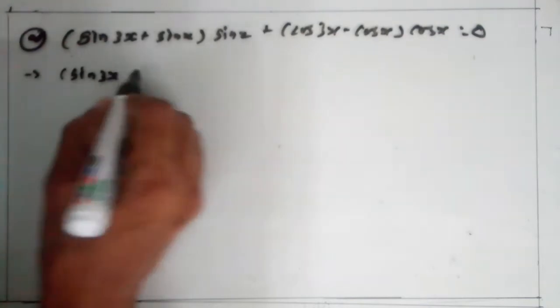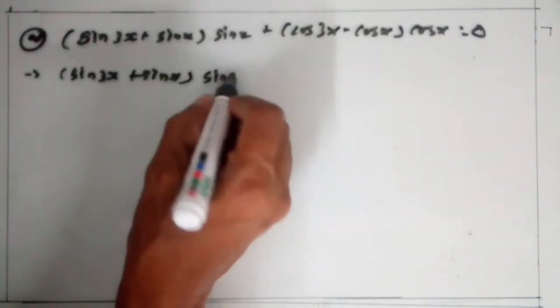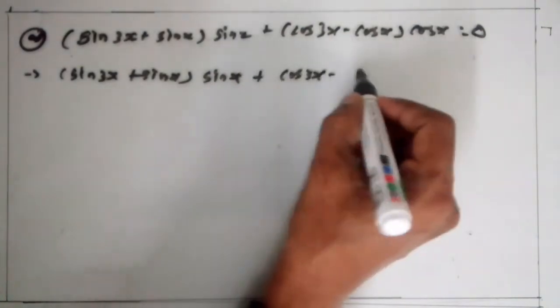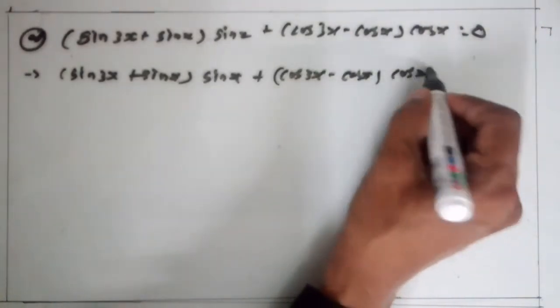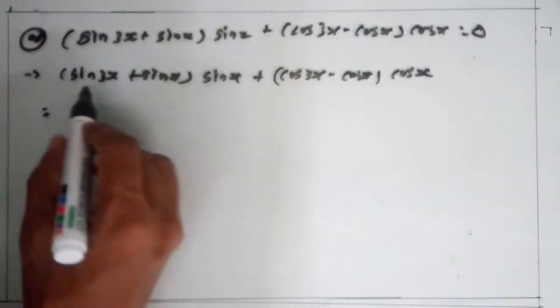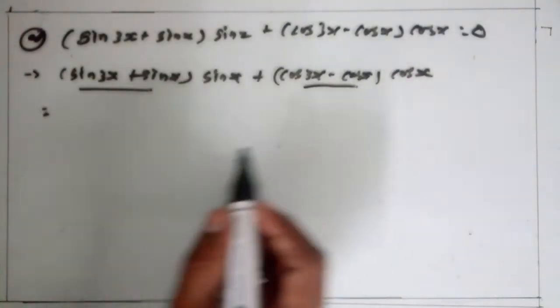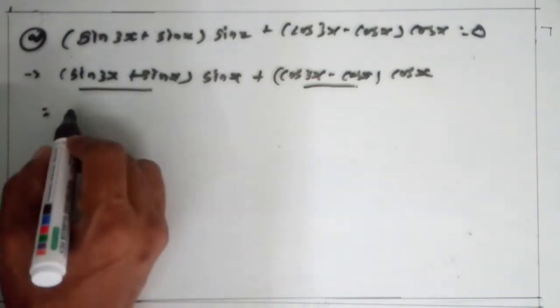(sin 3x + sin x) sin x + (cos 3x − cos x) cos x. Here apply sin C plus sin D, and in the second bracket apply cos C minus cos D. Sin C plus sin D is equal to 2 sin((C+D)/2) cos((C−D)/2).